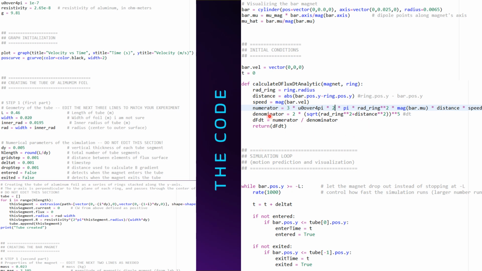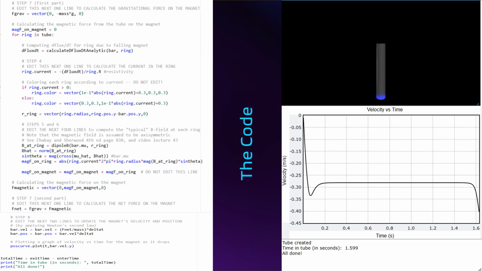So this will have our numerator and our denominator of df dt, which the equation was on that second slide. So we obviously, of course, have our force of gravity, which is going to be added to our magnetic force, and then we're going to have some velocity and position update down here. We're going to find the flux using that function on that last slide.